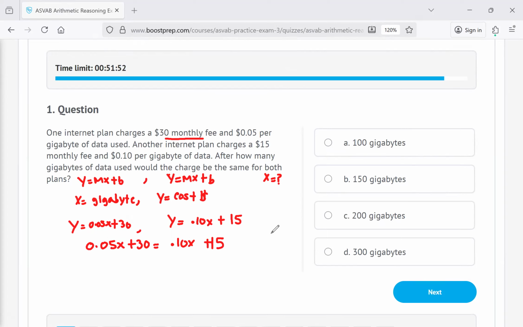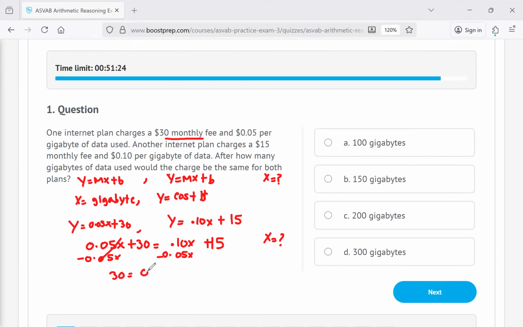Okay, then you've got to solve for x. So how would I do that? Let's see, what should I move? Maybe move this 0.05x. What is 0.10 minus 0.05?